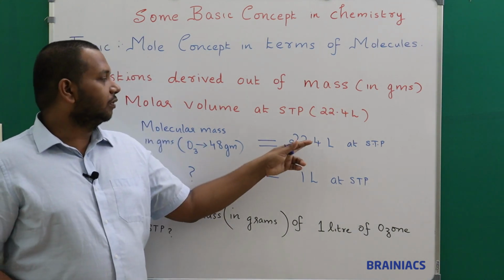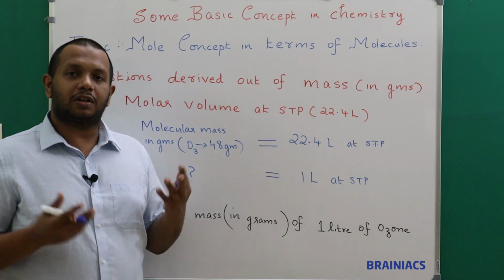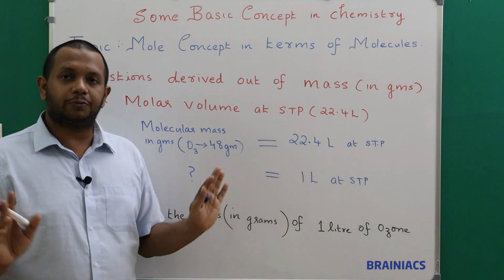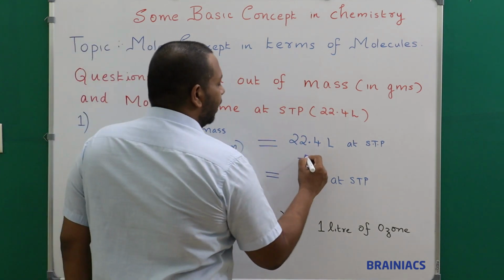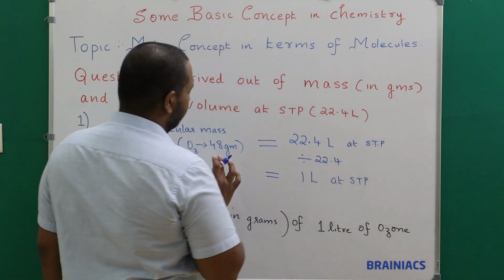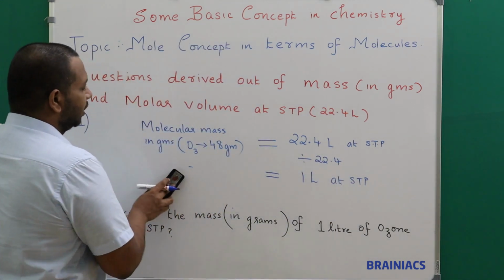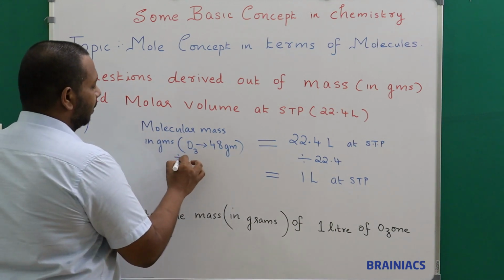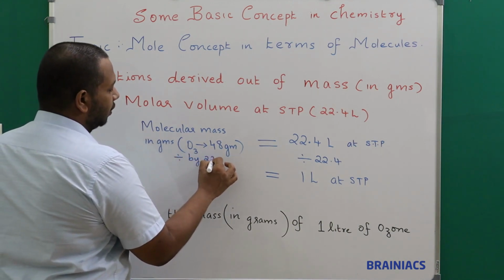Very simple. You need to convert 22.4 liter to 1 liter. For that, what should you do? Divide by 22.4. So I will divide here by 22.4, then this will become 1 liter. Do the same thing here, so divide by 22.4.